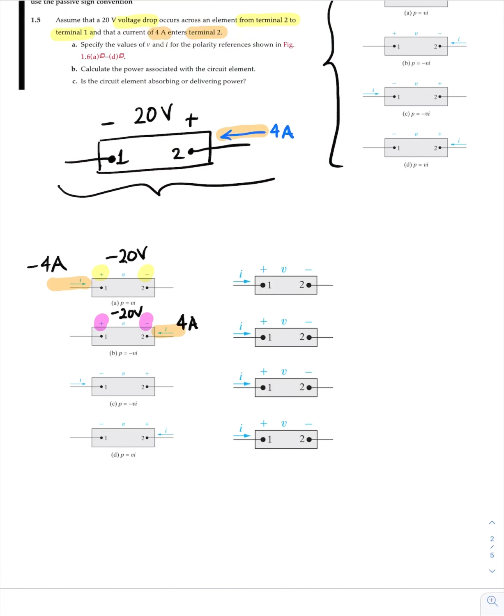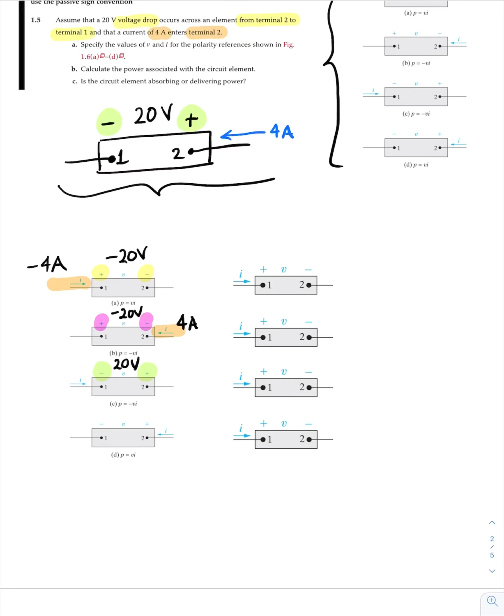In circuit C, our voltage is negative at terminal 1 and positive at terminal 2, and that polarity lines up with our defined polarity. So our voltage remains a positive 20 volts with this circuit element. Let's take a look at current.